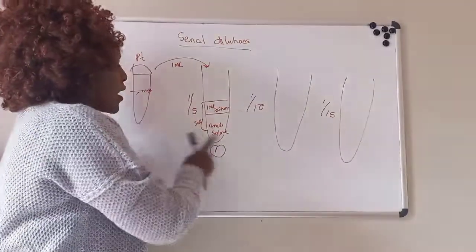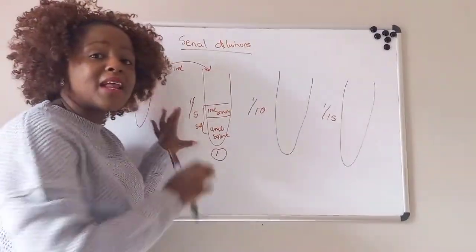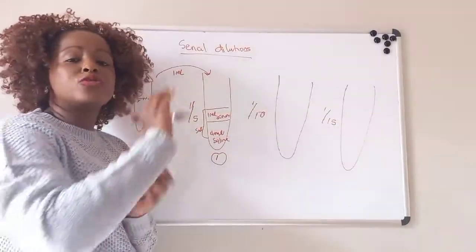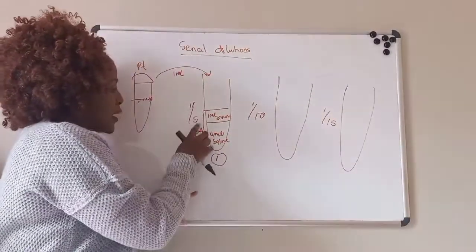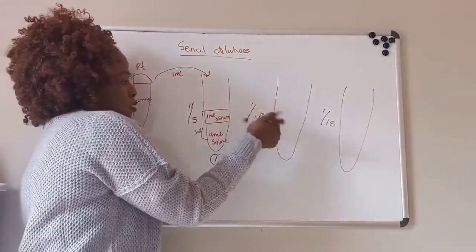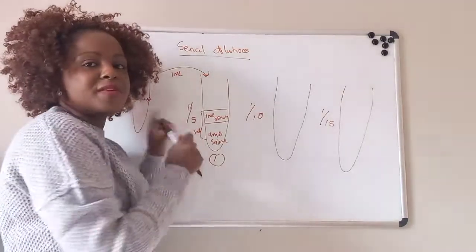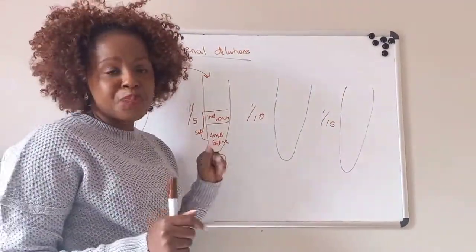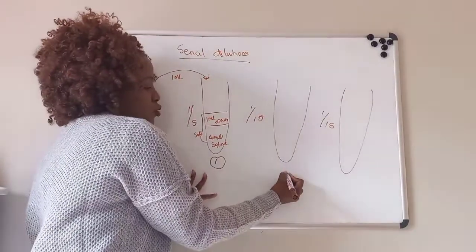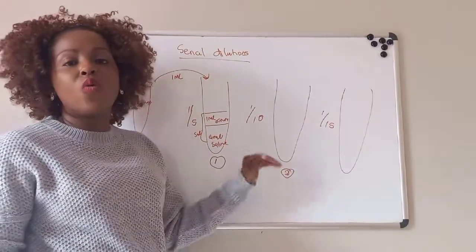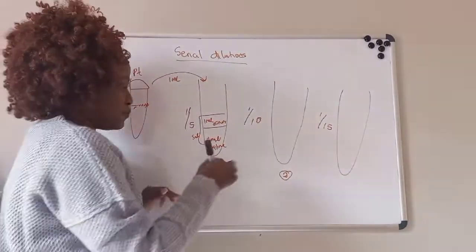Because here I have already decreased the concentration of the analyte 5 times. Now I need to decrease it 10 times. So which number can I multiply with the 5 to get a 10? That number will be a 2. So it means on tube number 2, I need to do a 1 in 2 dilution.